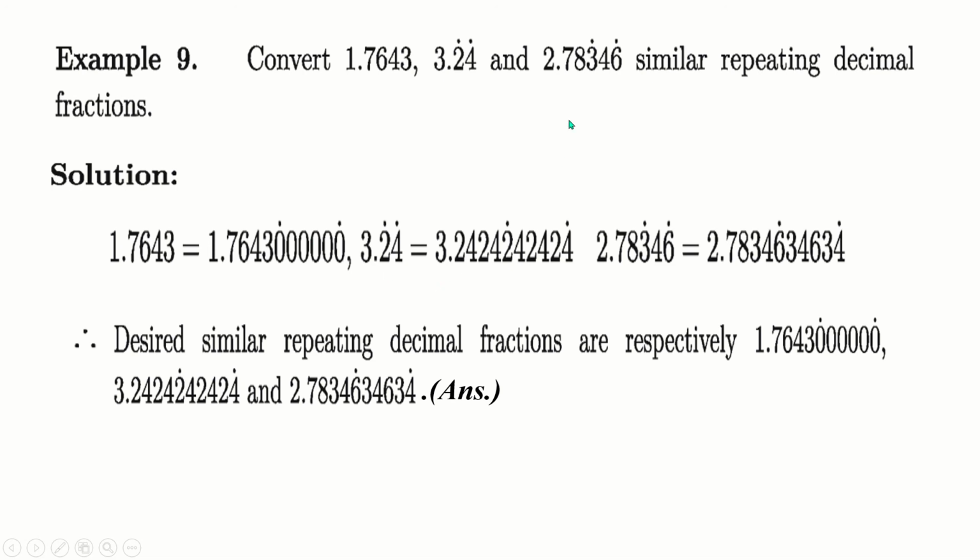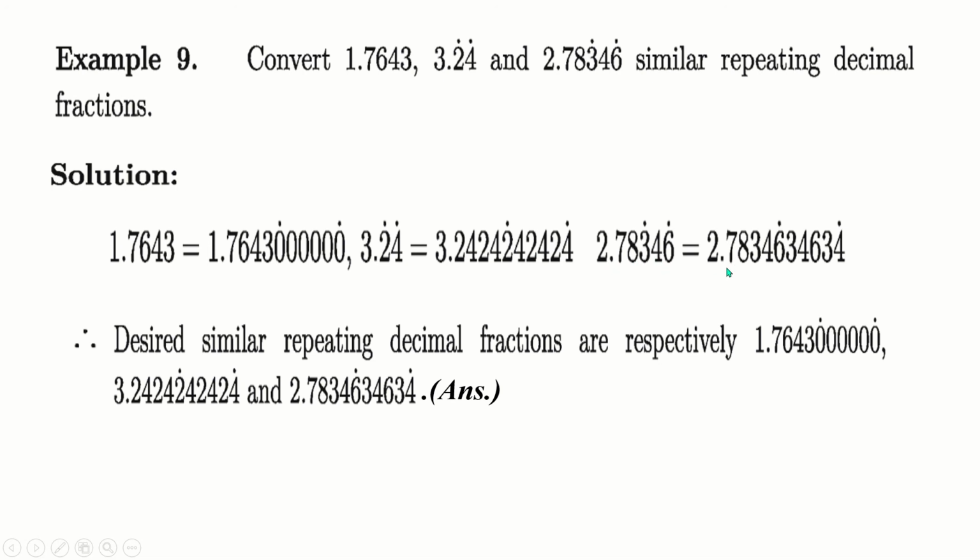Okay, and here will be this part. We can write 3.24 as 3.2424242424, but at first we have to fix 4 digits, 1 2 3 4. Then we have to use 2 here, 1 2 3 4 5 6, and on the 6th number will be a dot or point.